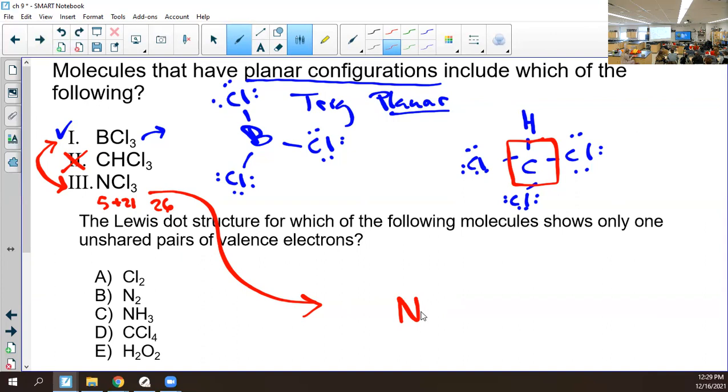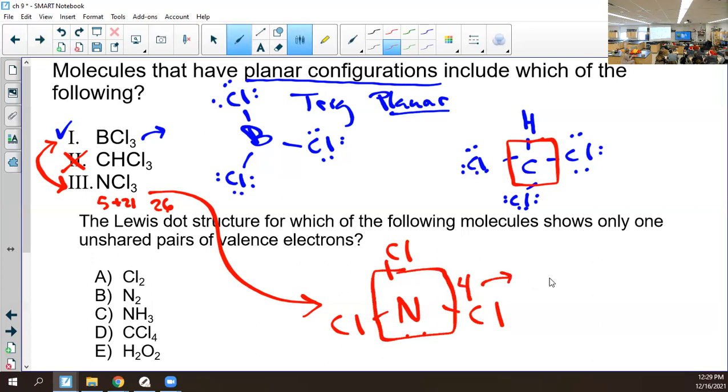So I have a Cl, a Cl, a Cl, and a non-bonding pair. How many electron domains do I have? 4, and I would call this? Tetra. Boom, home run. We got that one.